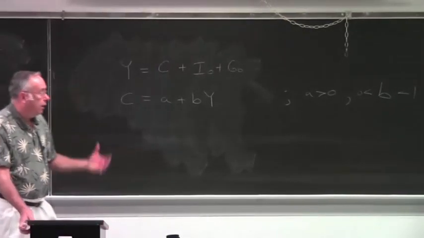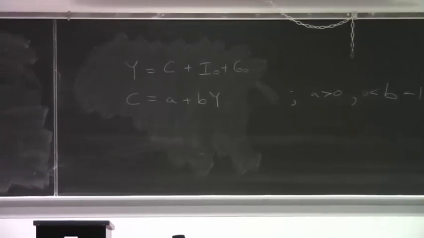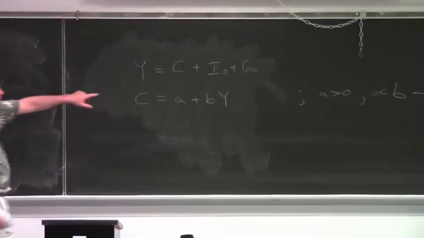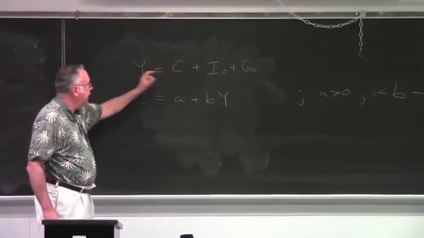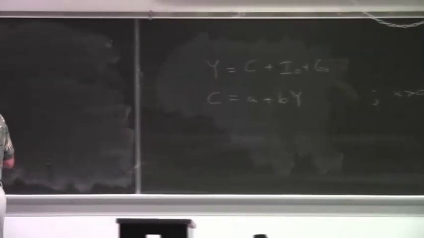Then the first step would be to find Y star, find the equilibrium value of national income. And that would be very simple to get. Just substitute in for C in this first equation and then solve for Y. So let's just do that quickly.